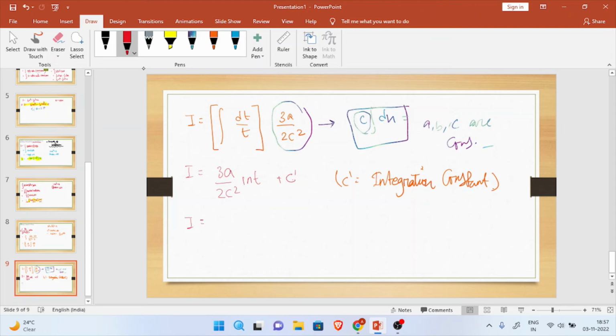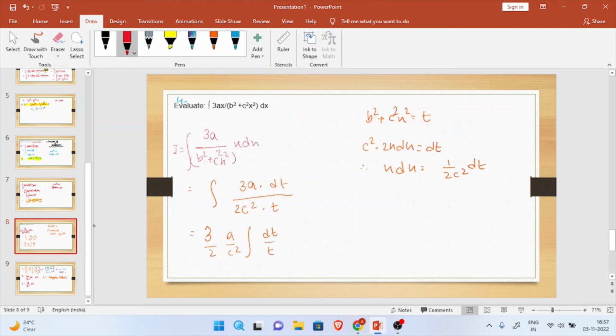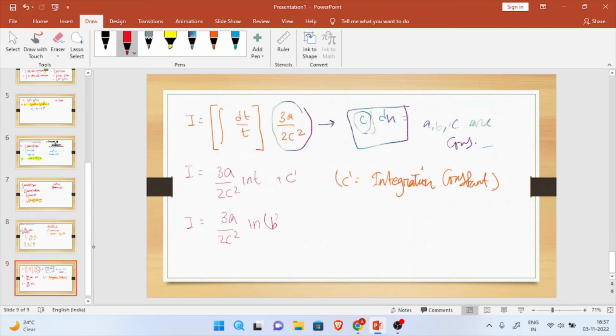So I will get I is equal to 3a by 2c square ln of (b square plus c square x square) plus c dashed, since I took t as b square plus c square x square. So this is our solution.